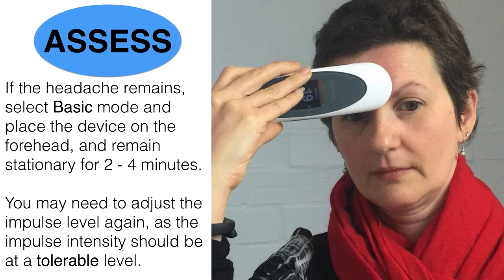Once you do 2 to 4 minutes on that, most of the time you will find your tension headache will be completely relieved. Now, if not, go back to the scan, treat, assess again. If it doesn't, change your settings and do the whole treatment again.